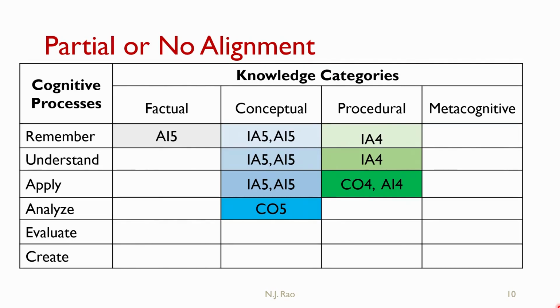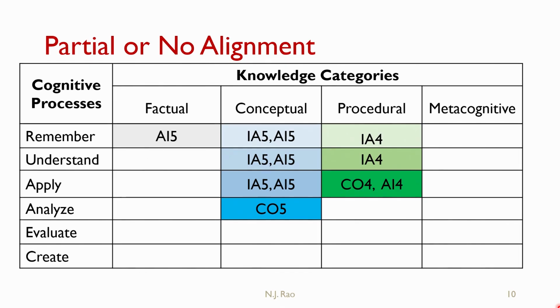I can have another situation. What do I have? I have CO5, another course outcome, that is located in 4(2), analyze conceptual. But what happens is, my assessment instrument as well as instructional activity can be any of the 3 lower cognitive levels.